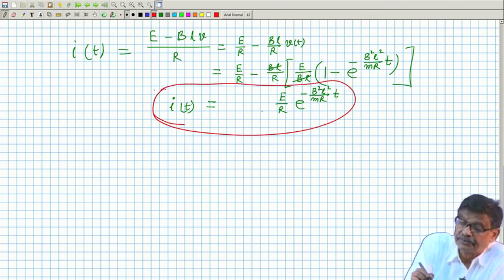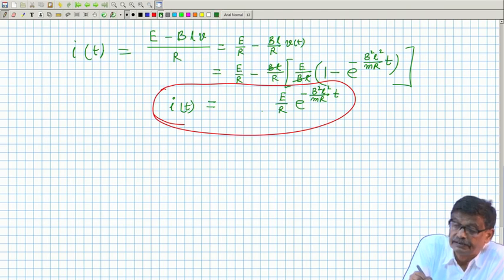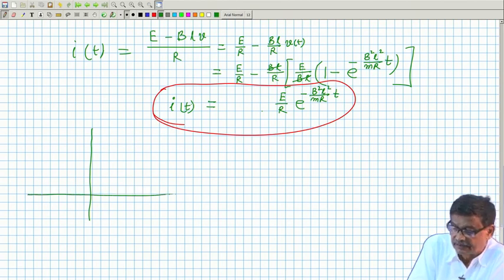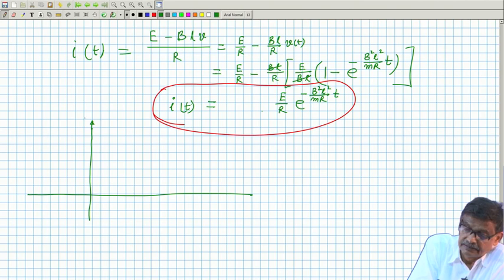Therefore, if you sketch the velocity as a function of time, how it looks like, I will sketch first velocity. Velocity was 0 till t equal to 0.